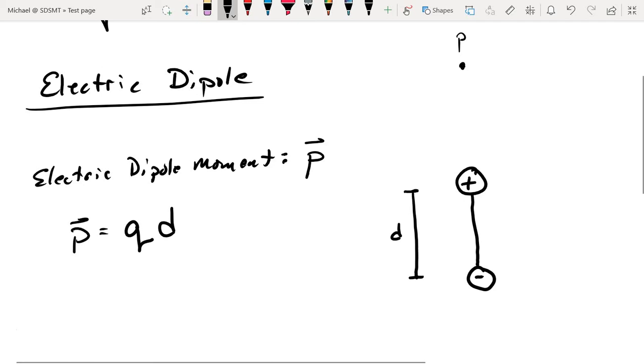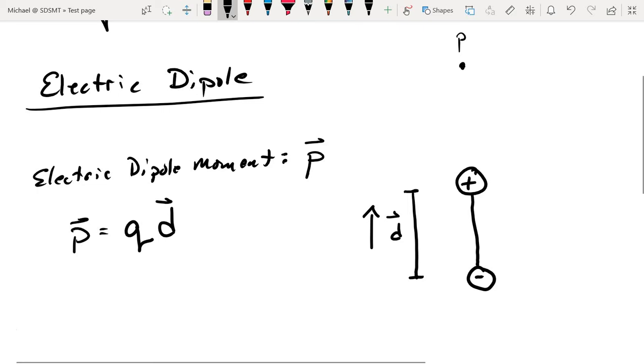Charge is a scalar, so it can't be the charge, and that means that the displacement between the two, if we remember back in Physics 1, displacement is a vector, and so we can designate that displacement as a vector D. Every vector has to have a direction associated with it, and so the direction of D will point towards the positive charge in the dipole construct.